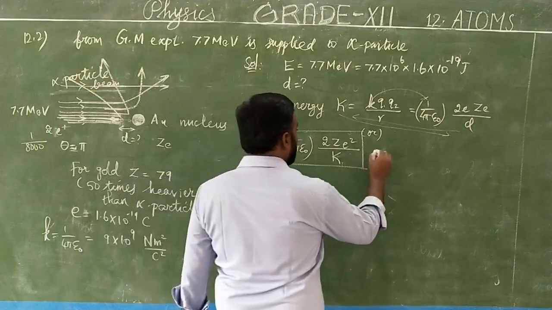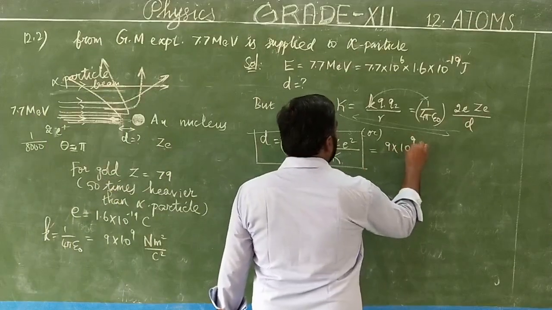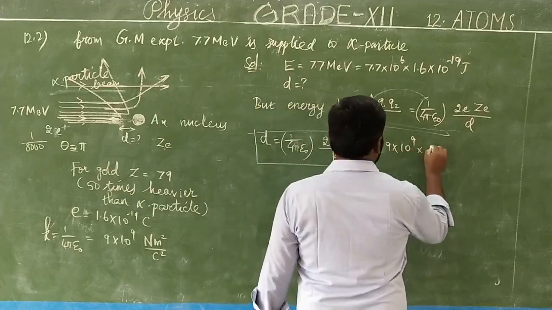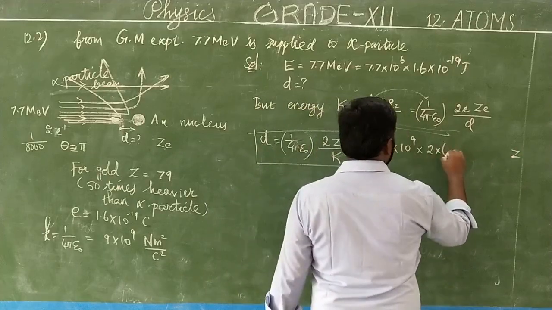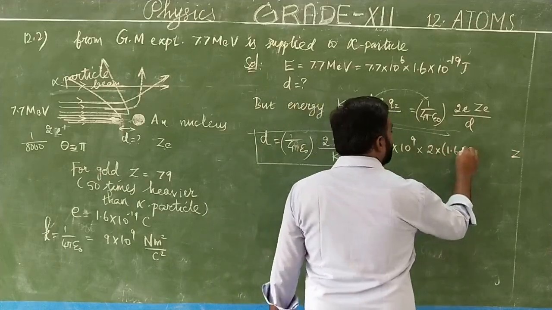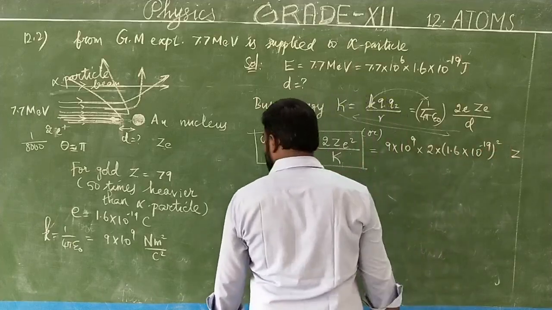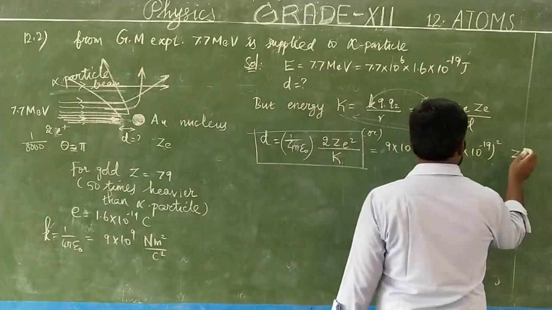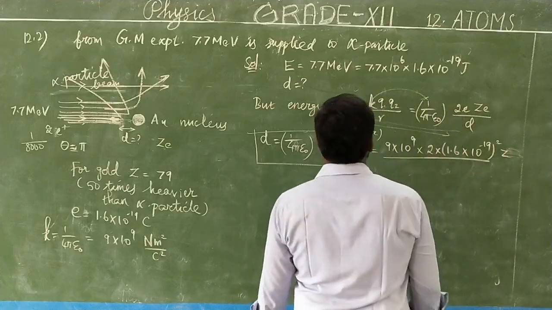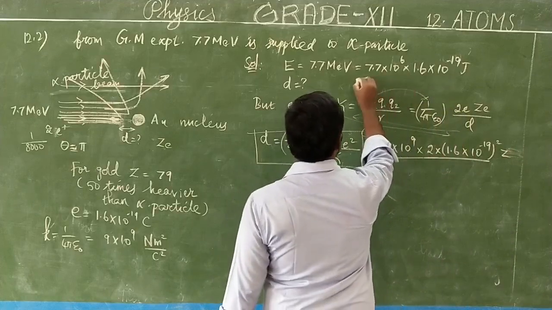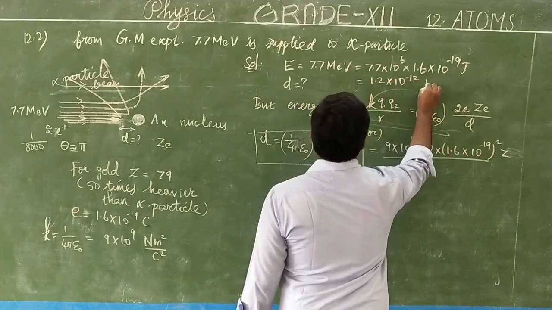By substituting all the values here, what will you get? 9 into 10 raised to 9, into 2, into Z which we will keep separately, then e square. What is e square? The charge of an electron, 1.6 into 10 raised to minus 19, the whole square, and the charge square, so we will get coulomb square. The unit we will write separately, divided by the k value. By multiplying both, you will get 1.2 into 10 raised to minus 12 joule.